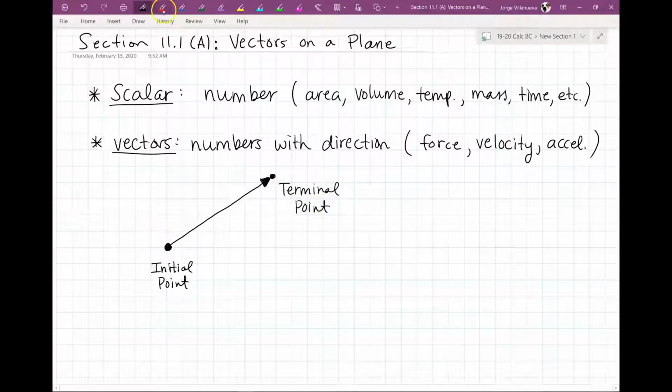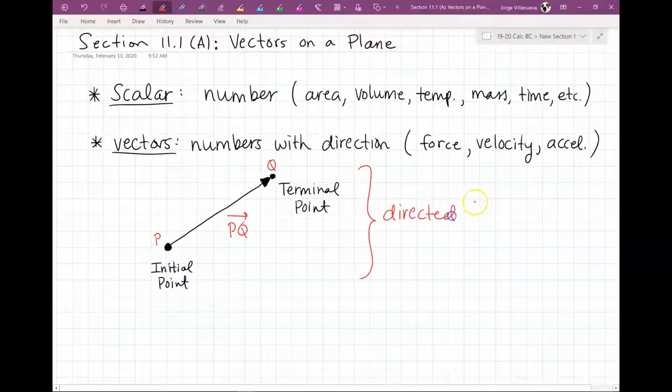If this is point P and this is point Q, then this is denoted as PQ with a little arrow on it. So that's our vector PQ. Now this is called a directed line segment.